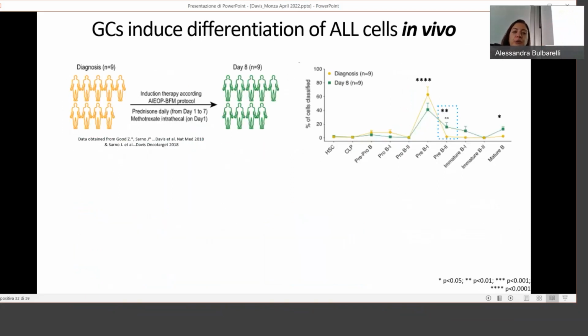We wanted to then ask the question, does this happen in patients? Because patients who are treated on the AIEOP treatment protocols used to get 1 week of steroids. And we had samples from 9 patients at time of diagnosis and then 8 days later. And we could see that indeed at day 8, we saw the same sort of contraction in this earlier population, but an enrichment in cells in this more mature population in the pre-B2 population.